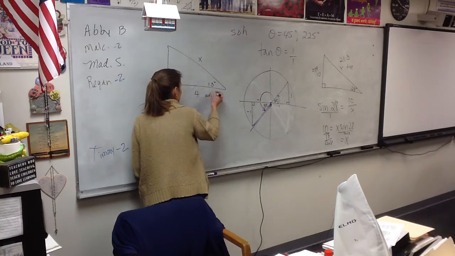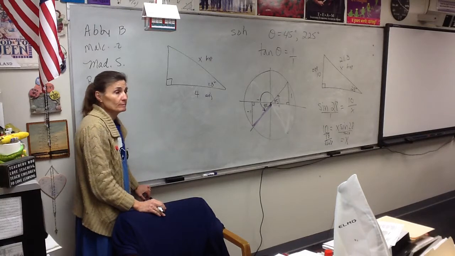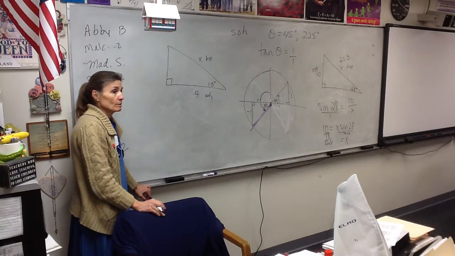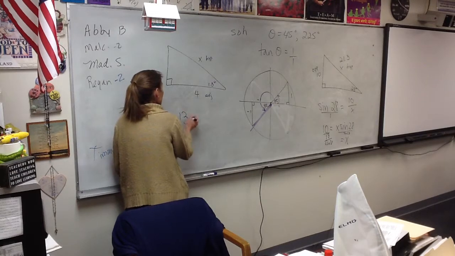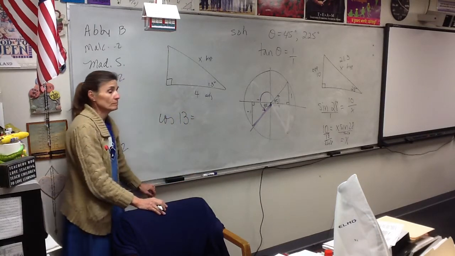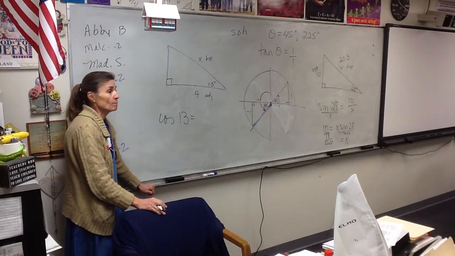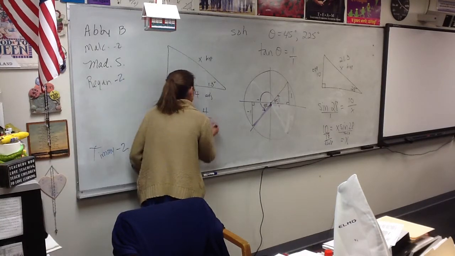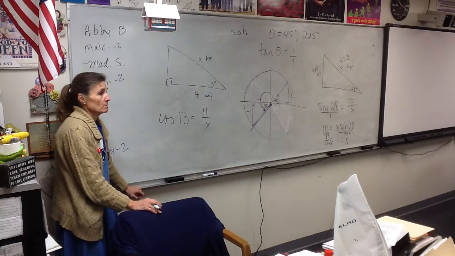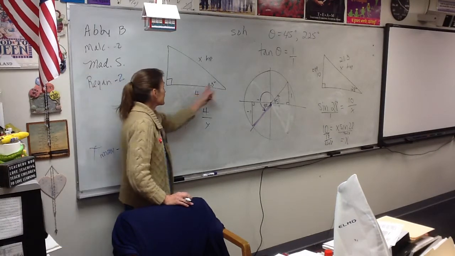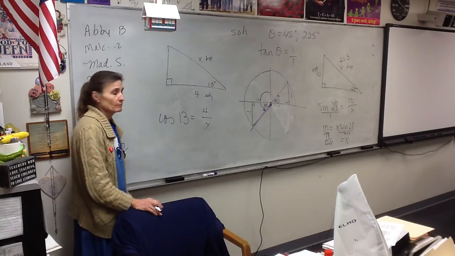This is adjacent and this is hypotenuse. So we'll say cosine of 13 equals what? What does the cosine of 13 equal? 4 over x. You people are amazing. Good job. Cosine is adjacent over hypotenuse.